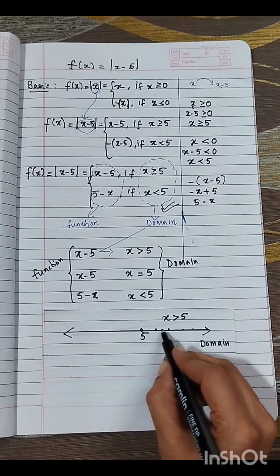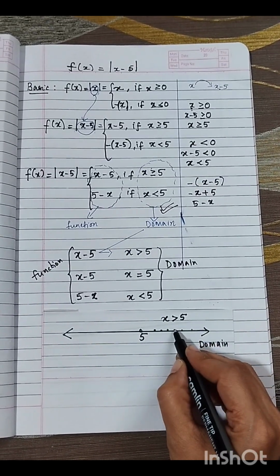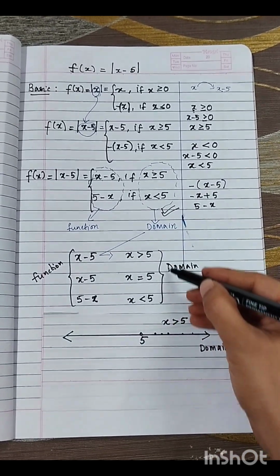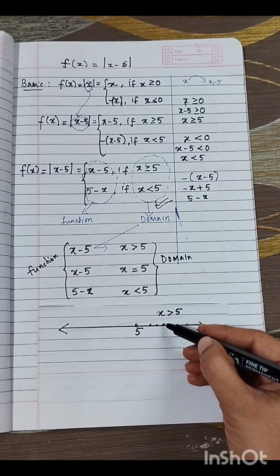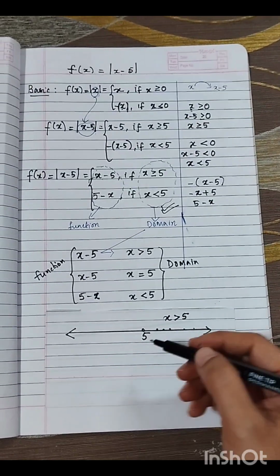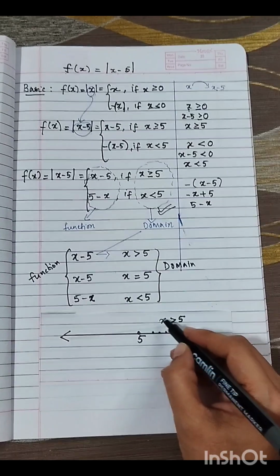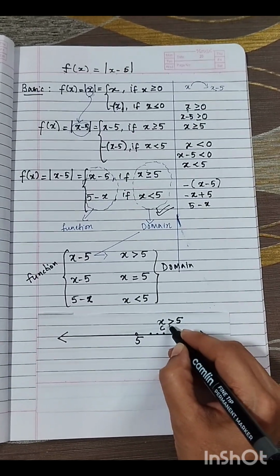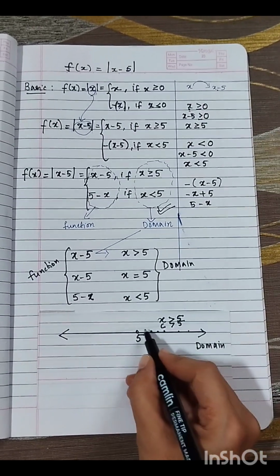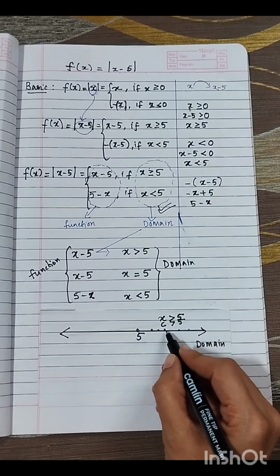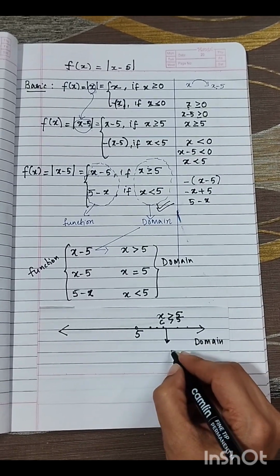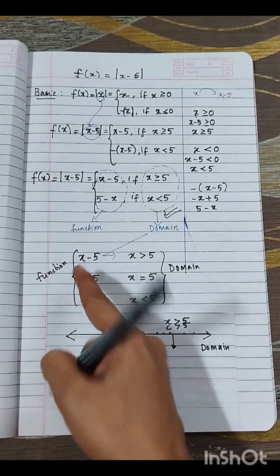So all the numbers on the right hand side will be greater than 5. So this domain is here, greater than 5. And in this problem, in the place of x, I'll be using c. So c greater than 5 is here, and the function that we use to solve this will be x minus 5.